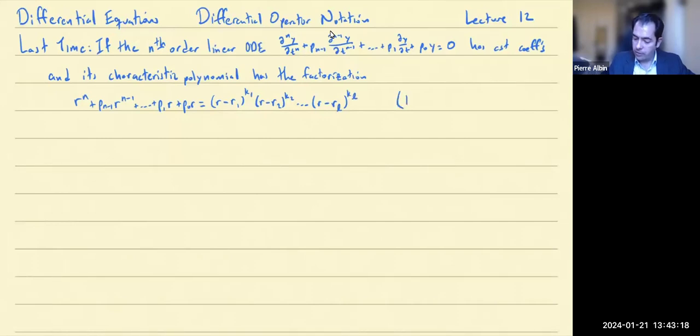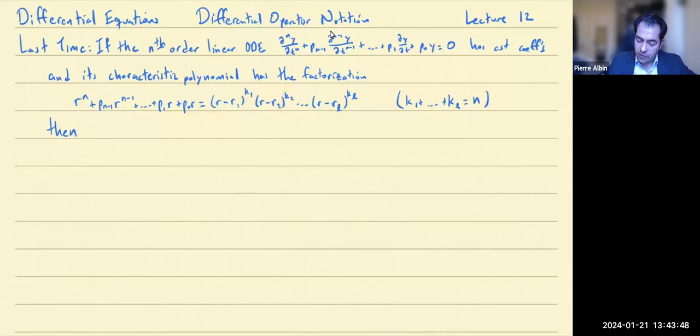Here the fundamental theorem of algebra tells us that k1 plus up to kl, these are the multiplicities of different roots, have to add up to n. Then, if I'm going to get n different solutions, I need to get k1 solutions corresponding to r1, k2 solutions corresponding to r2, and so on.